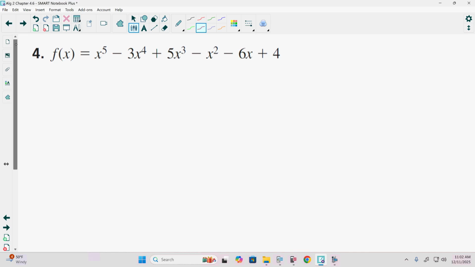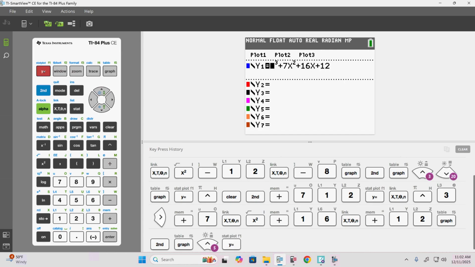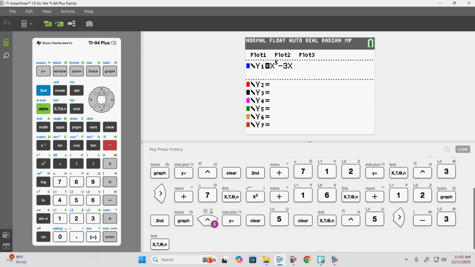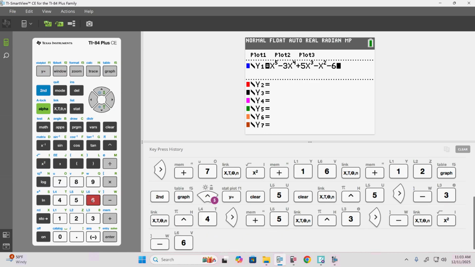Let's look at this one here. x to the 5th minus 3x to the 4th plus 5x cubed minus x squared minus 6x plus 4.